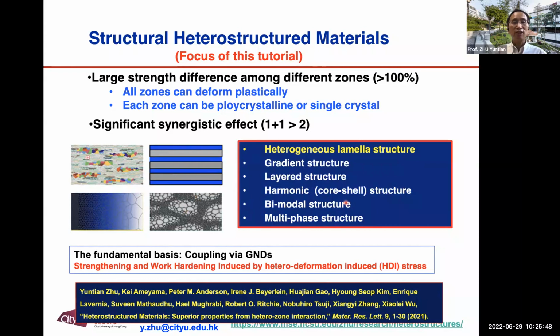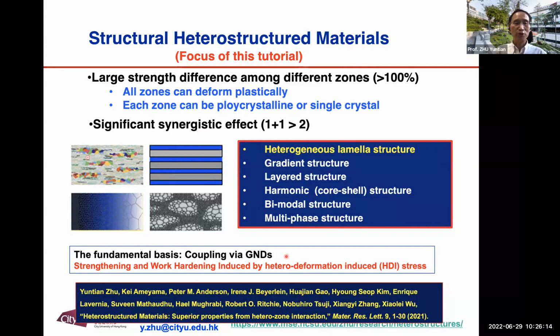structure. And all these structures, if you look at their structure, they are so different. Then how can you classify them together? This is because their superior mechanical properties are all based on one fundamental basis. That means coupling via GNDs or interaction via GNDs.